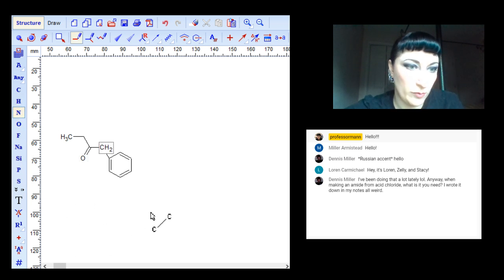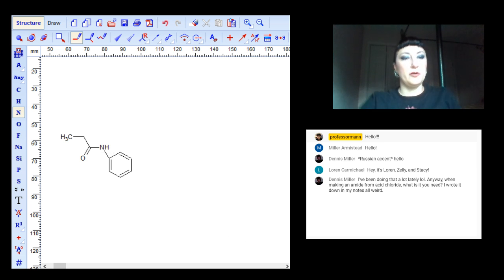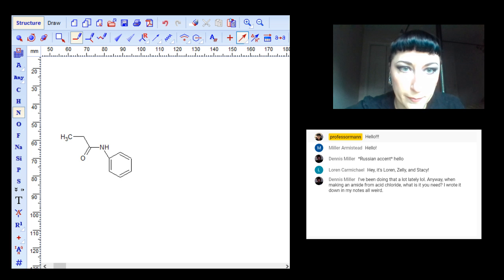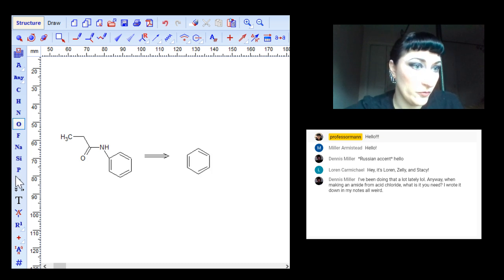Sorry, I know it takes a minute for me to draw everything. And so you're looking at your amide there. What would I have to use to displace? There is an actual retrosynthesis arrow here. But you would basically need aniline for this reaction, right?